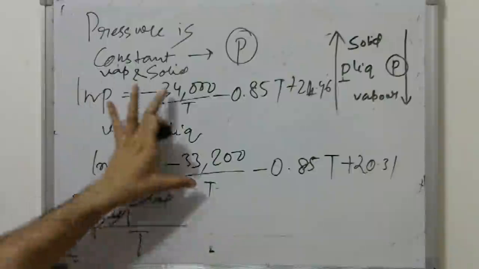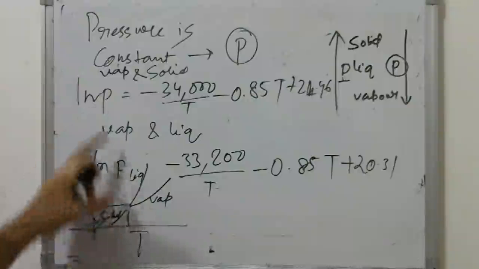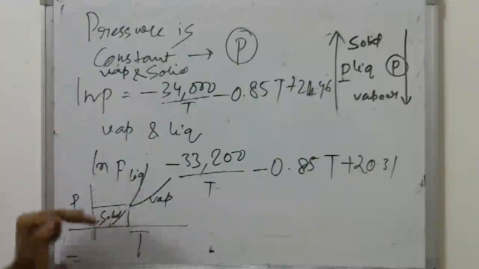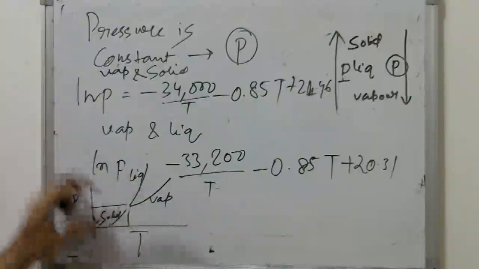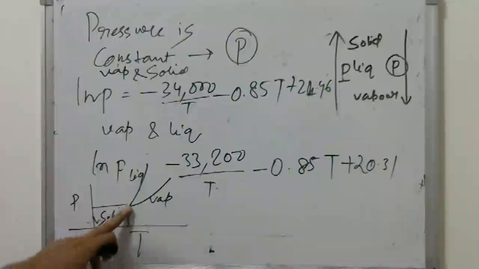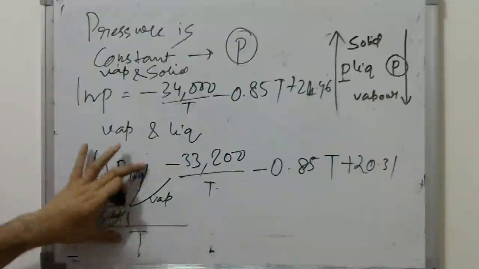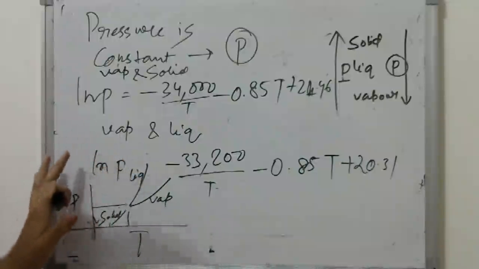If I equate these equations, I'll get a temperature where this P and this P are the same. The pressure exerted by vapor on liquid and vapor on solid are the same. So this is the point where the pressure is constant for both these lines. That is the point of equilibrium for you.